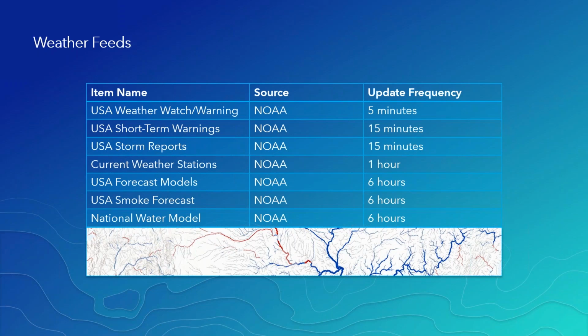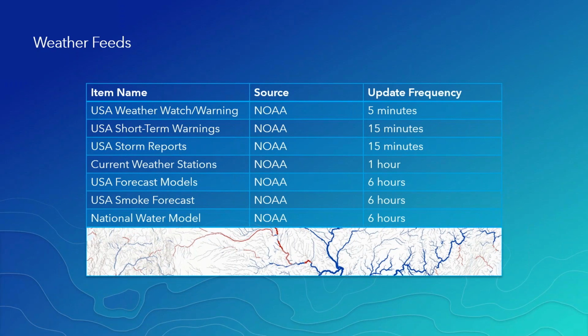We have the USA forecast model. So these are what NOAA calls the NDFD, the National Digital Forecast Database. So these run for the contiguous United States. The model runs every 6 hours and updates for a 72-hour forecast. And then we have our updates within our system in which we're pinging, looking for any potential changes.